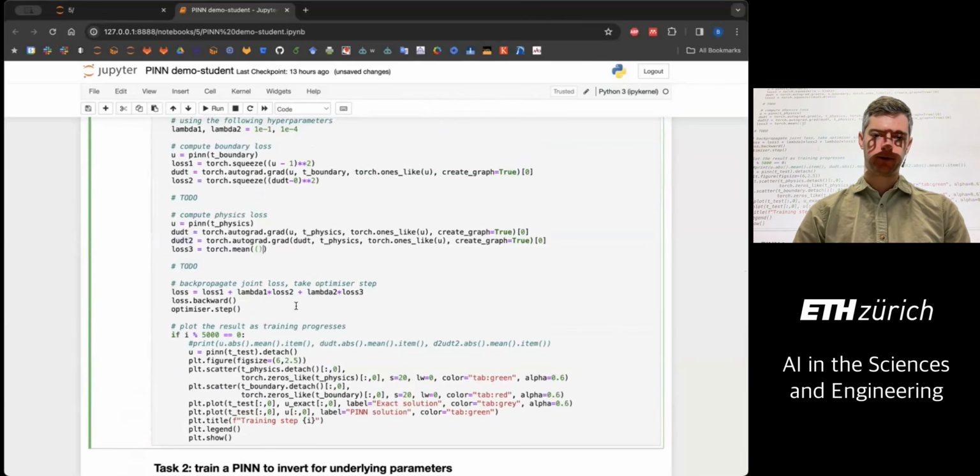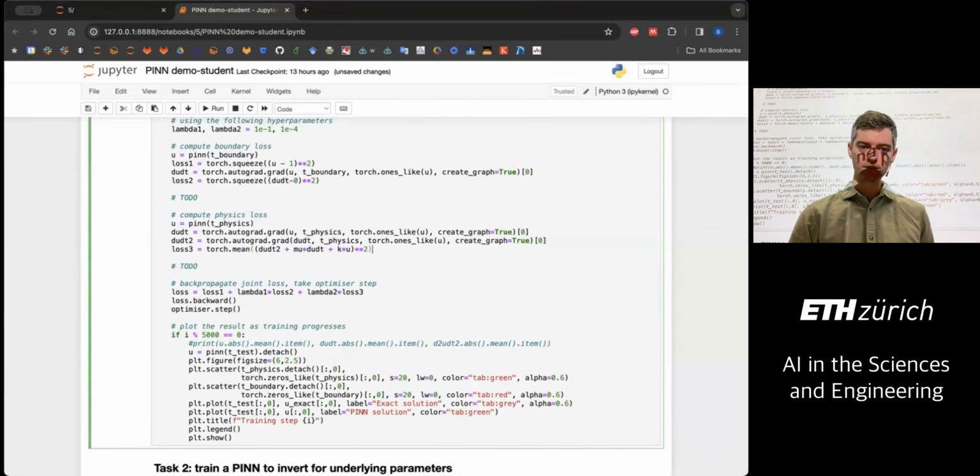So we can just do this. d2u by dt2 plus mu times du by dt plus k times u. And then we want to square this to make sure that we're doing the squared error.